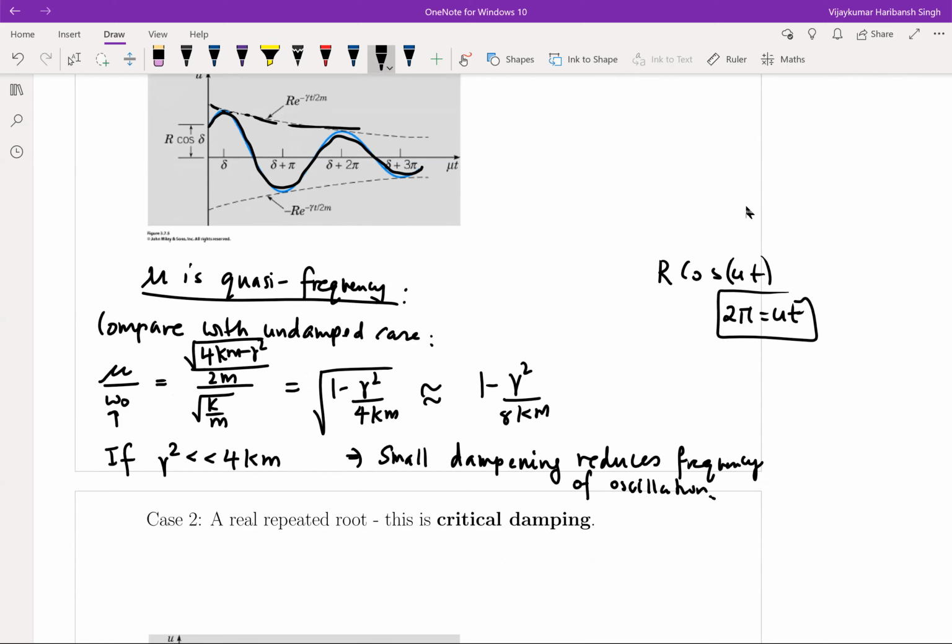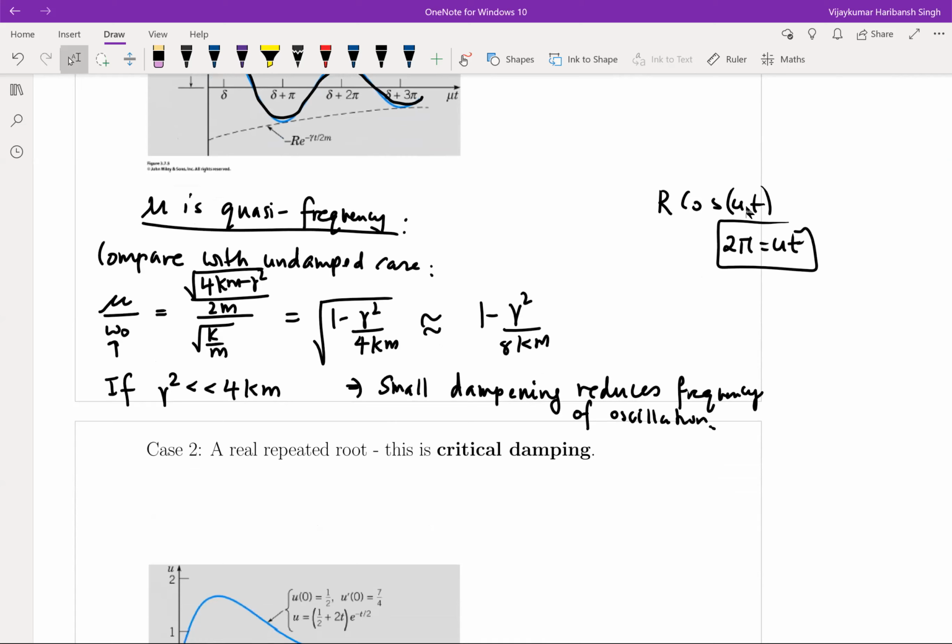So if gamma is really small compared to 4km, this ratio will be roughly 1. That means mu and omega naught are going to be roughly the same.